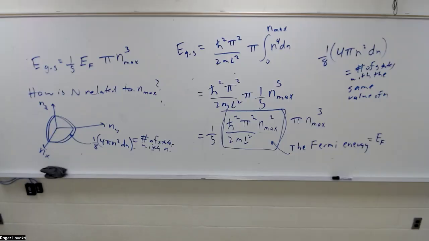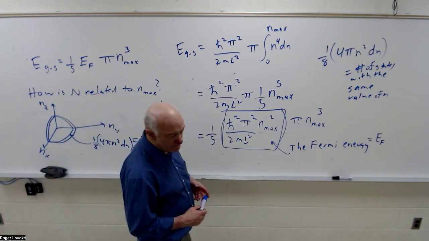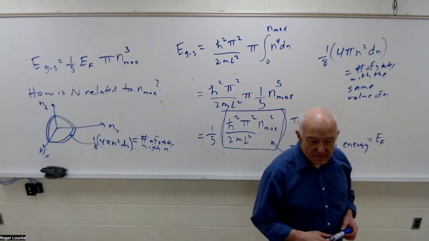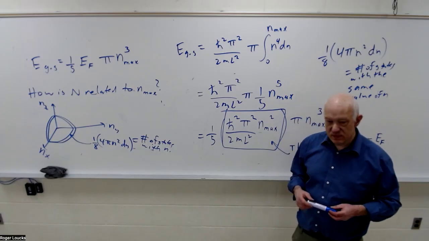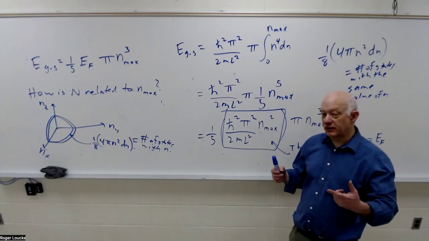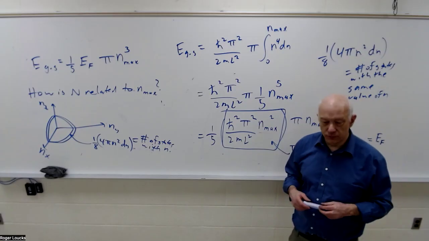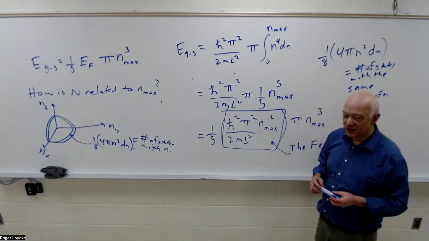So how can I relate that to a capital N? N is equal to nx max plus ny max plus nz max. But I don't know if the nx max is the ny max or the nz max. But what you said is true.